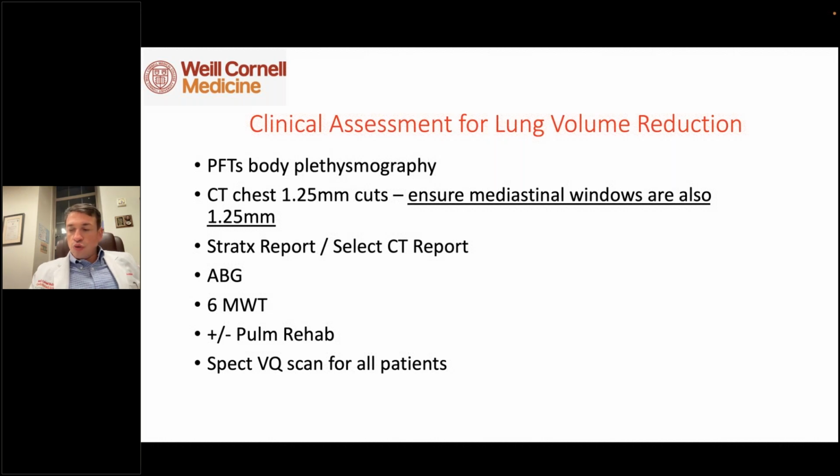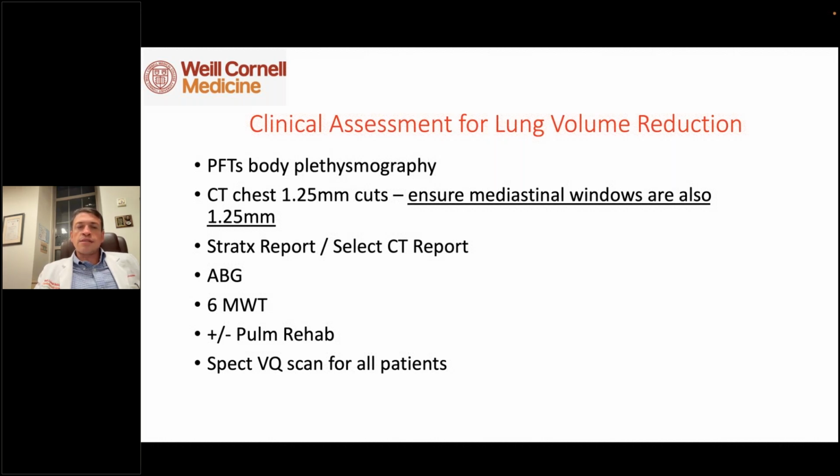And so you have to make sure when you speak with your radiology colleagues that they push all the images into PACS, including the thin slices into the mediastinal windows. It takes up more space in PACS, which is why they don't do it routinely, but it is important, and we've caught this. We caught on to this eventually, so that's a very important clinical pearl.